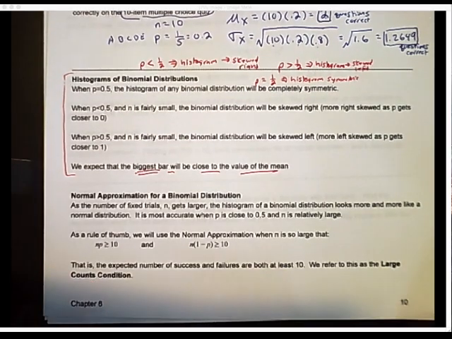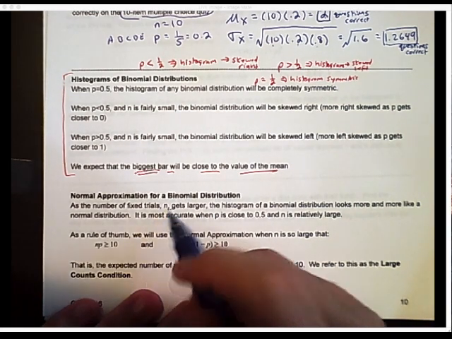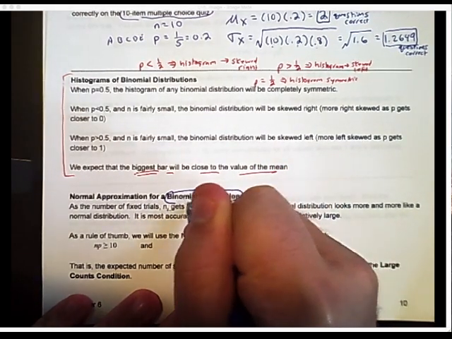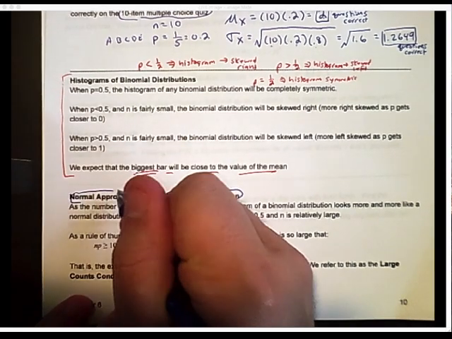Now, we can also do something else. When n gets really big, the binomial distribution starts to look more and more normal.